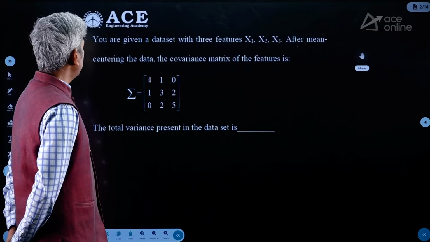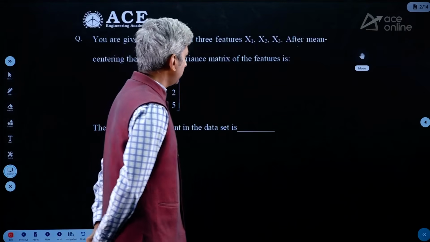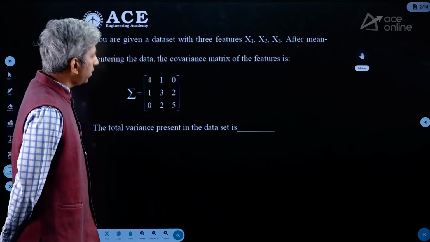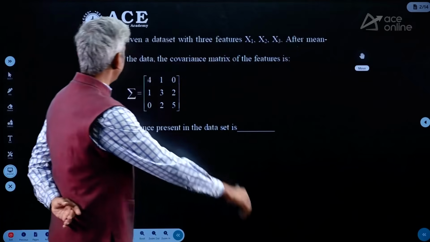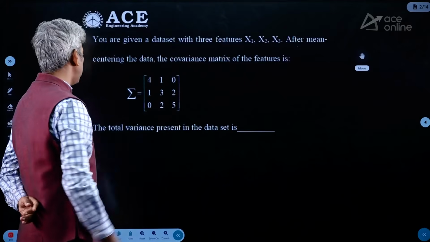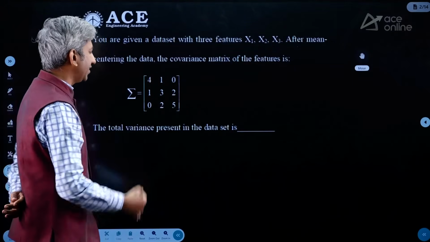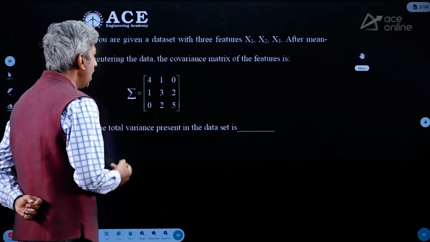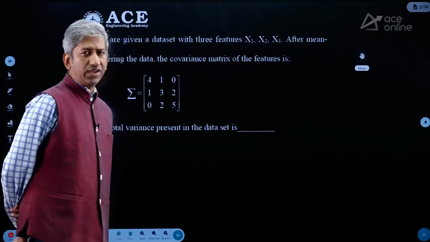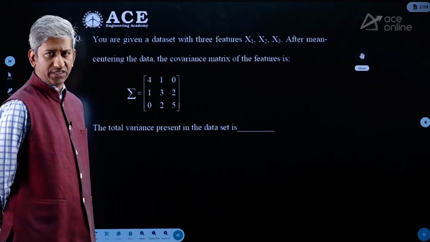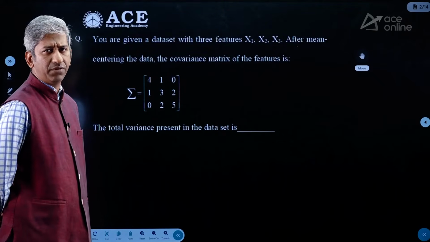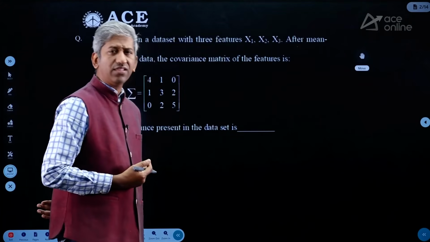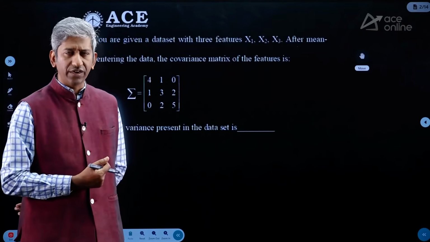The given question is, you are given a data set with 3 features x1, x2, x3. After mean centering the data, the covariance matrix of the features is [4 1 0; 1 3 2; 0 2 5]. The total variance present in the data set is. This is a simple question. Whenever a data set with a certain number of features is available with you, then its variance can be calculated in 2 different ways.